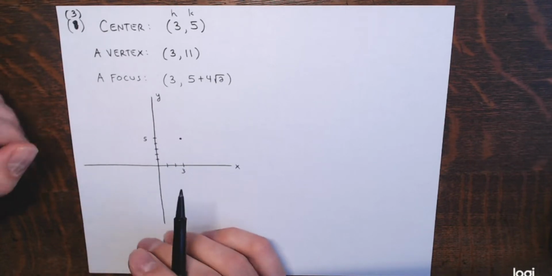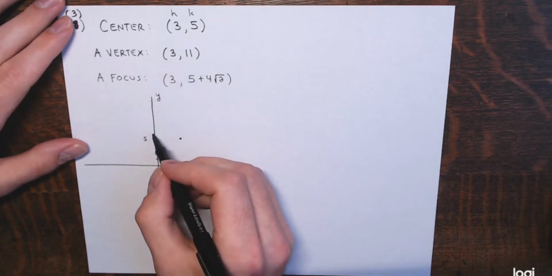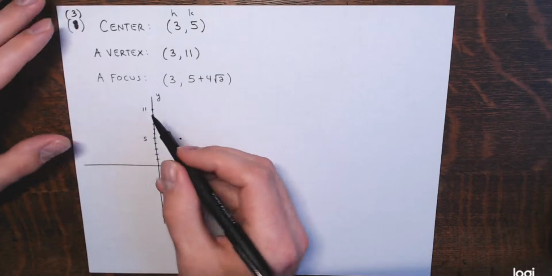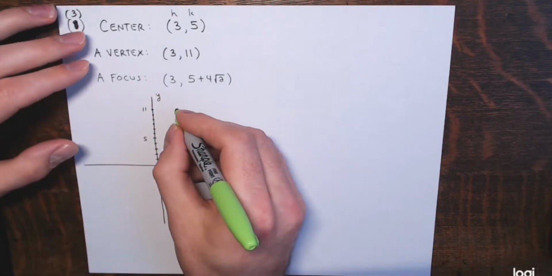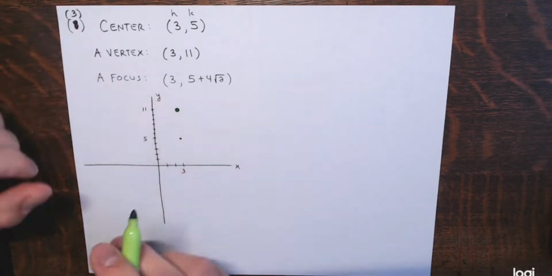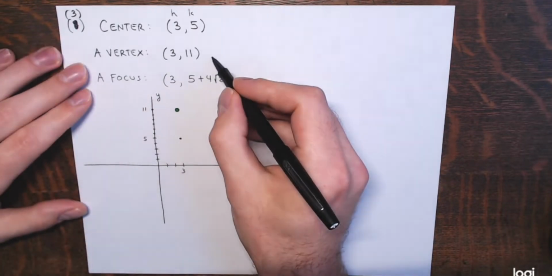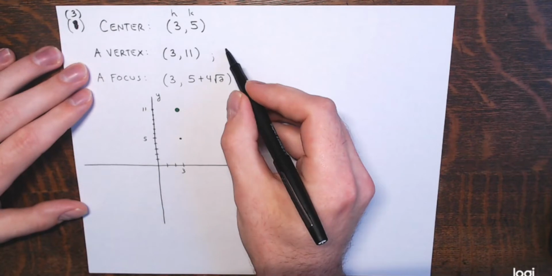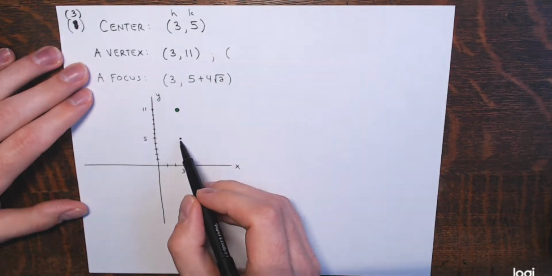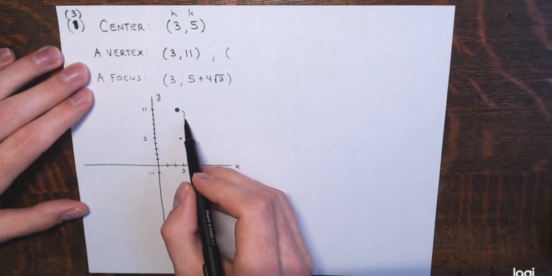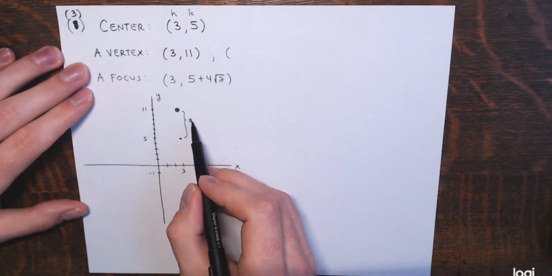And then one of the vertices is at 3, 11. Now if there's a vertex at 3, 11, then there's going to be another vertex at 3, negative 1, because look, this is 6 units here, and that would be the value of a.